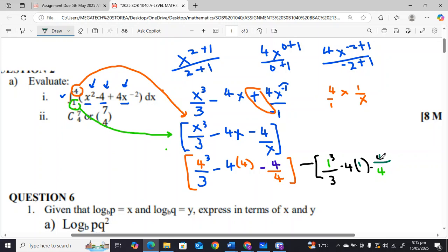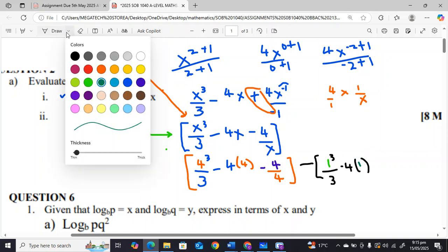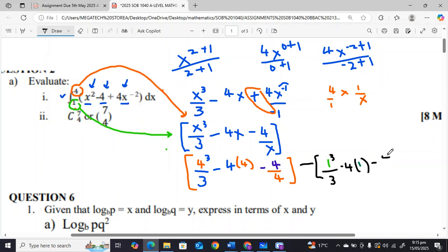So here there's a 4 on top and then the 1 at the bottom. Okay, colleagues, that's how you deal with these upper and lower limits. So let's get our final answer.